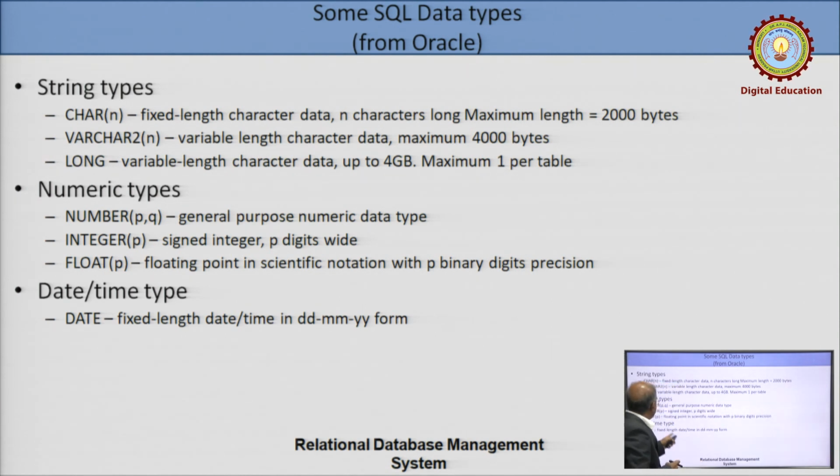Then we have integer, then we have float types of numeric values. Then we can have data types like date and time. All these data types are there, and their characteristics will be there in the database tables.